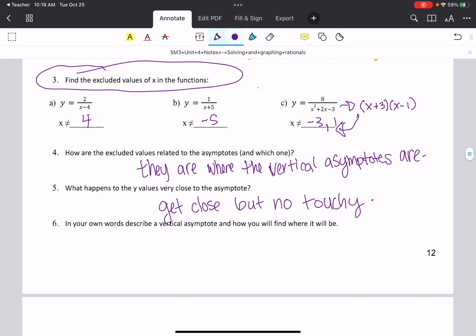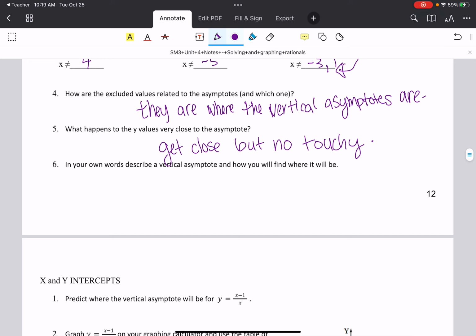I'm so glad you caught up. Carter said denominator. No, we were at, our vertical asymptotes are excluded values. Hooray! Excluded values.